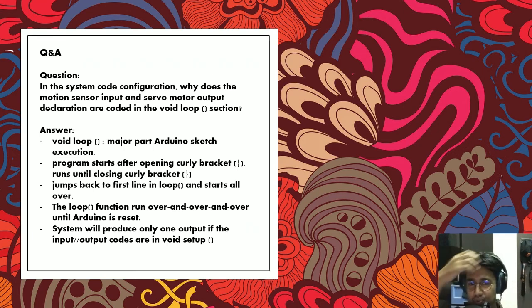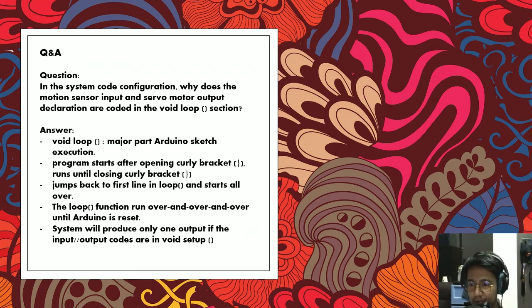If I were to put the output and input code not in the void loop section, the system would only produce an output once. For example, in this project, if I were to put an object near the sensor at a certain location, the system would only produce an output for the servo motor once, and if I were to move to a different position, the system would stop.